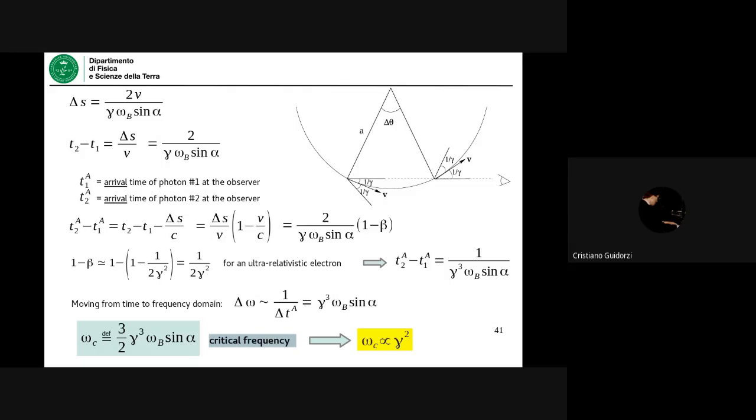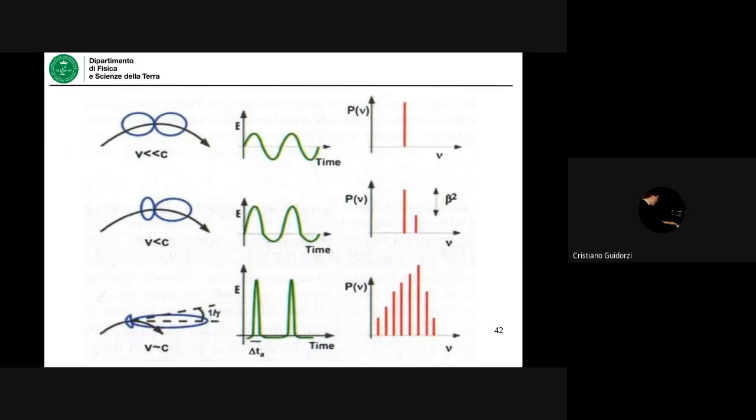Why is all this so important? Well, let's have a look at this figure, which describes what changes when we move from a non-relativistic electron to a mildly relativistic one. The non-relativistic electron is the top row here. The mildly relativistic case is when v is still smaller than c, but starts being comparable with it.